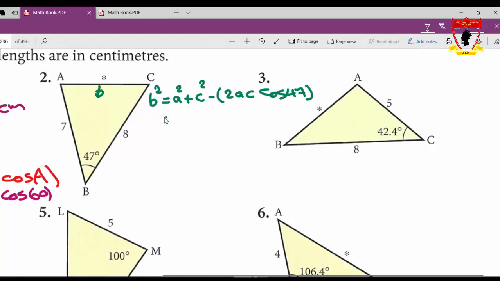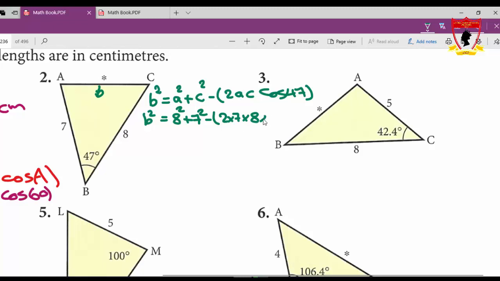Now let's substitute what we have. Then B squared, B is missing. A is 8, opposite angle A is 8, so it's 8 squared plus C is 7, 7 squared minus 2 times 7 times 8. We just write what we have in the rule.